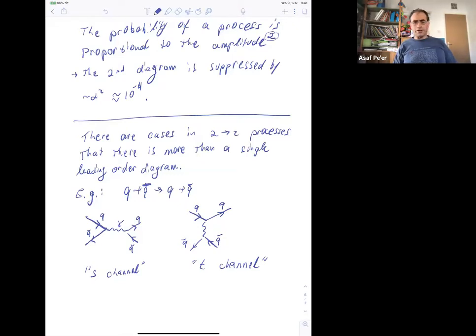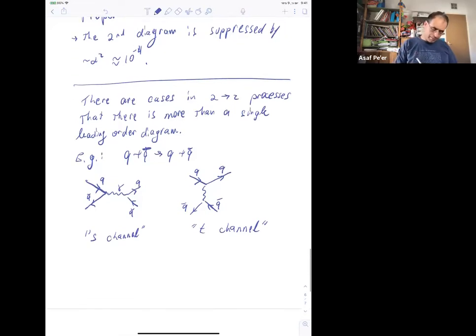In principle, quantum mechanics tells us that these two diagrams are coherent. So in order to evaluate the total amplitude, we must sum them.